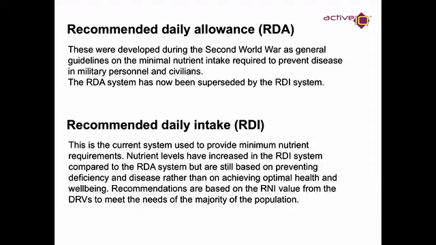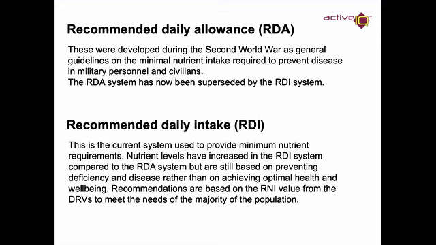And the way that we calculate how much macronutrient or how much micronutrient people should be having is we used to use something called RDA, and we now use something called RDI. So RDA was, or is still known as, but it's not used anymore, recommended daily allowance.